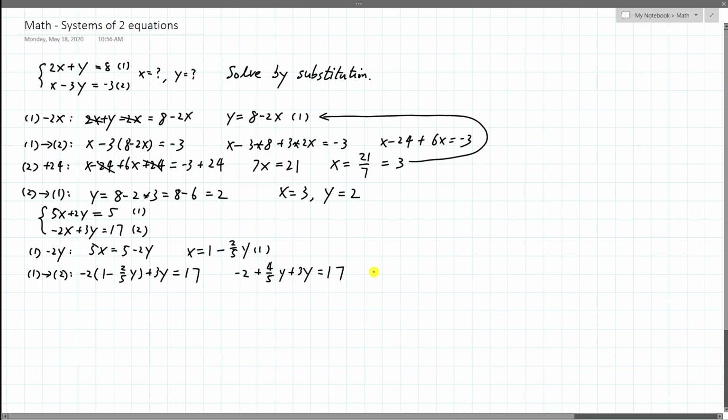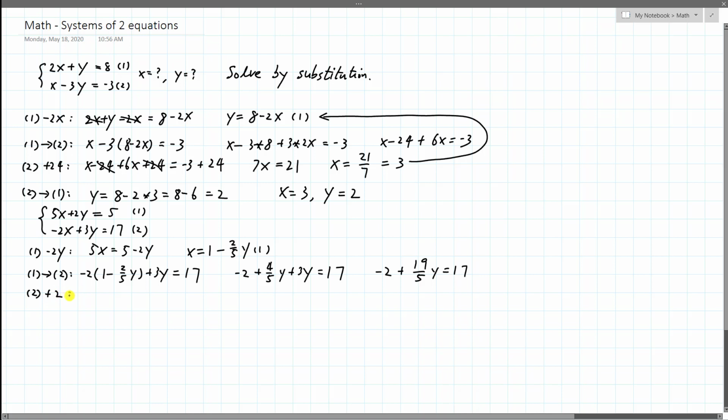Okay, so now we can combine the y's. So we'll have 3, so over 5 is going to be 15/5. 15 and 4 is 19/5 y equals 17.